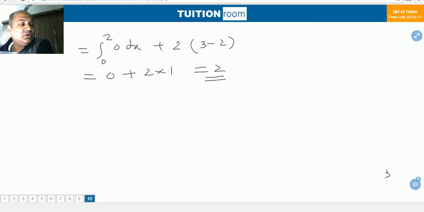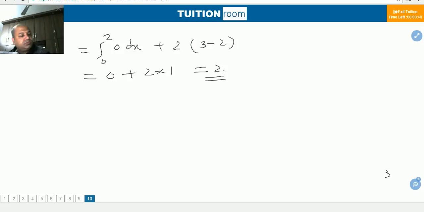He is asking whether this value of the integral will depend on: first option, p only; second option, q only; third option, r only; fourth option, p and q only.